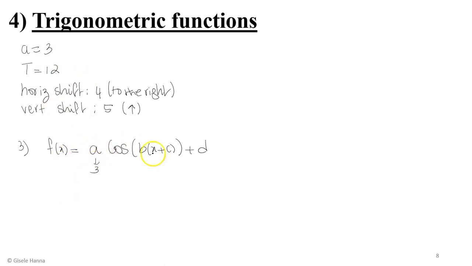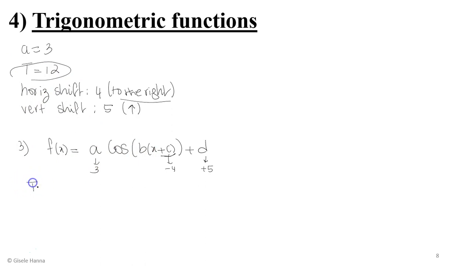Now d is 5, since it's upwards, then it's plus 5. Now it's 4 to the right, so that would be minus 4 here, it should be x minus 4. And then regarding b, we would have to find b using the period.